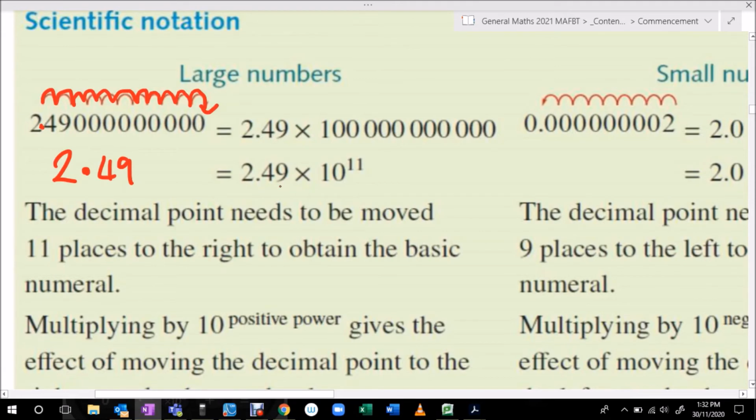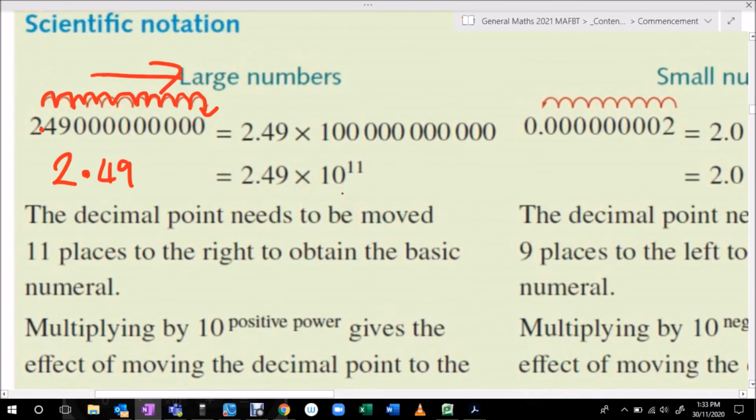That decimal point gets moved 11 spots. So the next number is going to be 10 to the power of 11. This 11 tells you how many spots the decimal point moves to the right. See how it's positive 11. Positive means it's moving to the right.